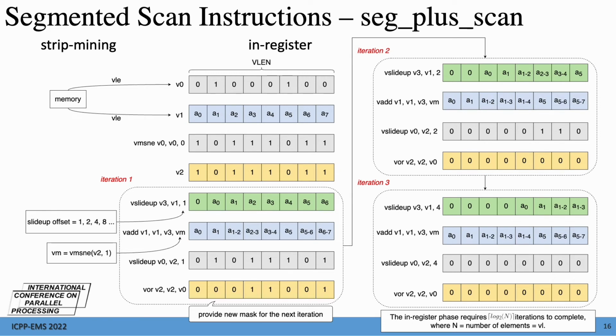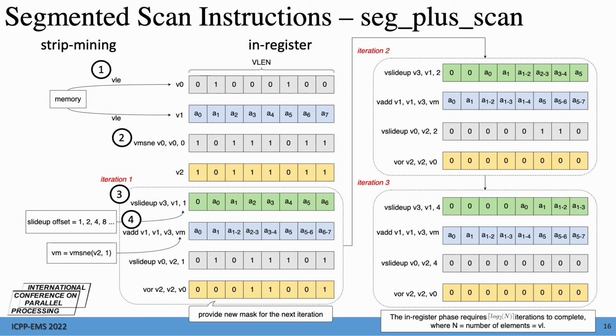For the segmented plus scan, first we need to load elements to register just like other instructions. We also need to load the head flags. Then we compute the inverse of the flag to get the source of the initial mask. The third and the fourth step are the same as the scan instruction, except that vector add is masked off.